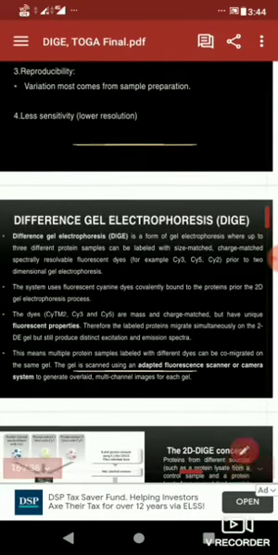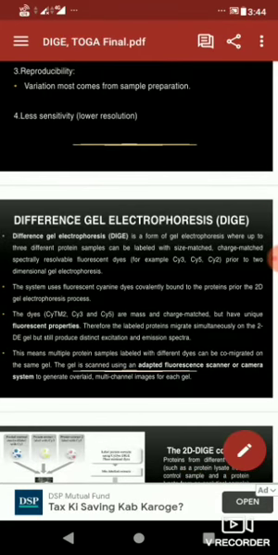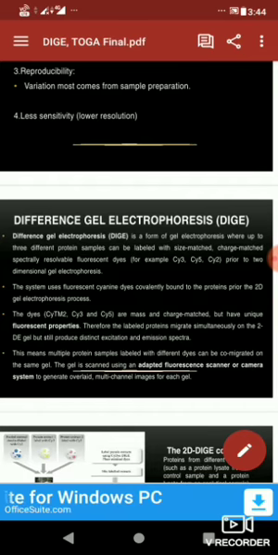Hence comes our topic, DIGE, which stands for difference gel electrophoresis. Please remember, very important, it can be asked as a 2-mark question also. What is DIGE? DIGE stands for difference gel electrophoresis. It is a type of two-dimensional gel electrophoresis.